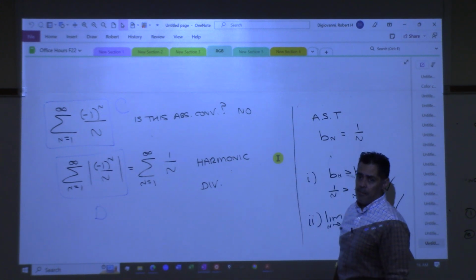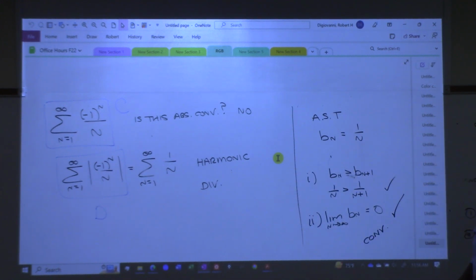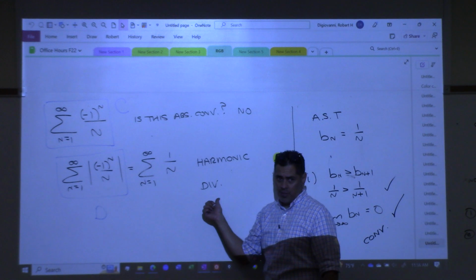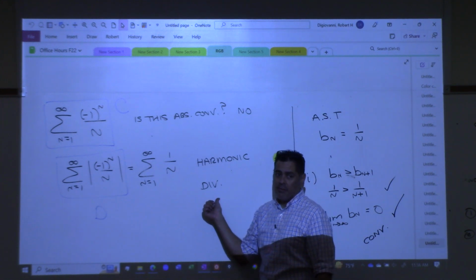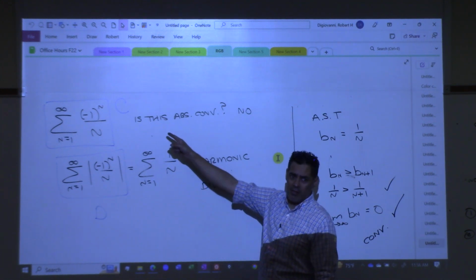You're looking at it from two different perspectives, right? So just because it doesn't absolutely converge doesn't mean that it's not convergent at all? If it doesn't absolutely converge, so it diverges here, that does not force it to diverge there. Is that your question? That's correct.